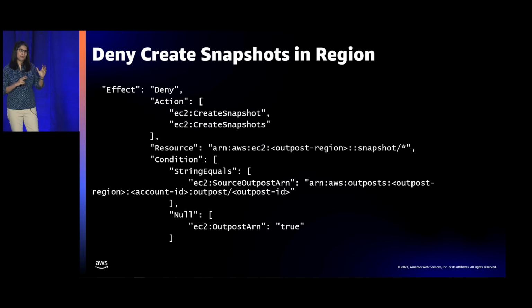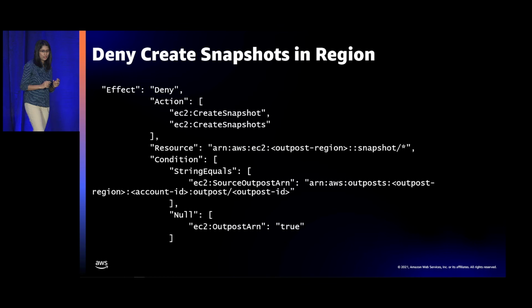This is an example of an IAM policy which is used to deny creating snapshots in region. Walking through this, basically we are using the effect Deny, and then for actions CreateSnapshot and CreateSnapshots, and for any snapshot resources.